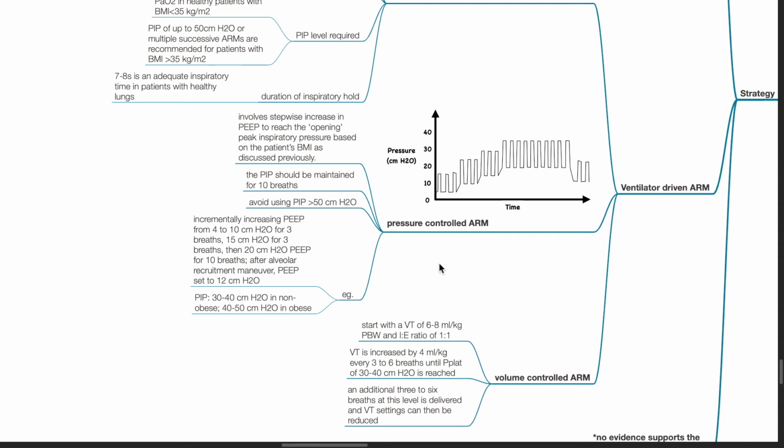For example, incrementally increase PEEP from 4 to 10 cmH2O for 3 breaths, 15 cmH2O for 3 breaths, then 20 cmH2O for 10 breaths. After alveolar recruitment maneuver, set the PEEP to 12 cmH2O. The target peak inspiratory pressure is 30 to 40 cmH2O in non-obese and 40 to 50 cmH2O in the obese.